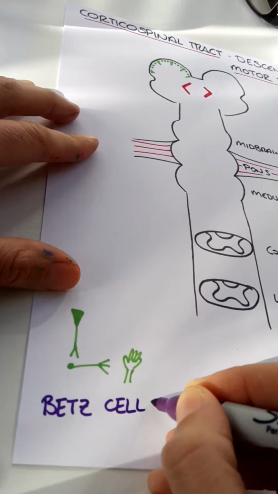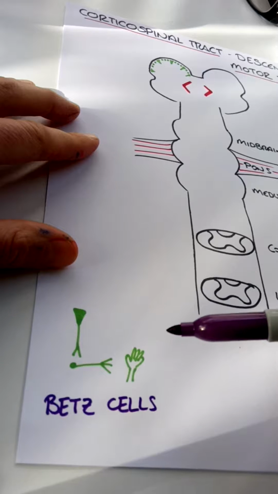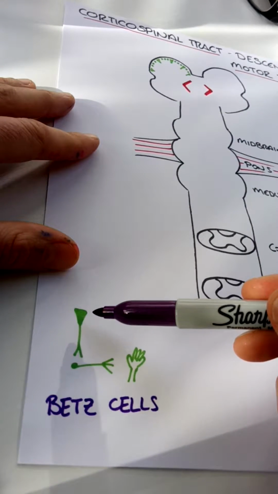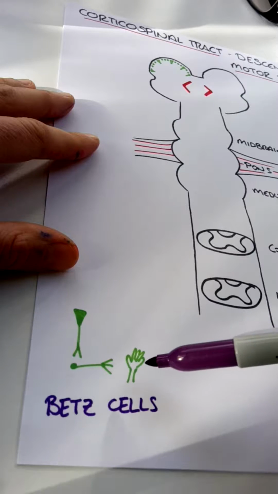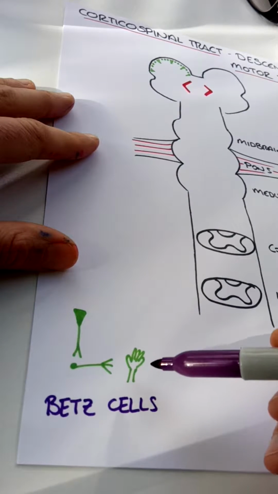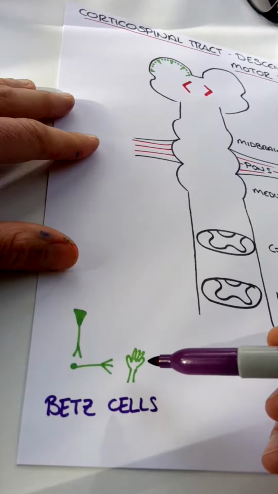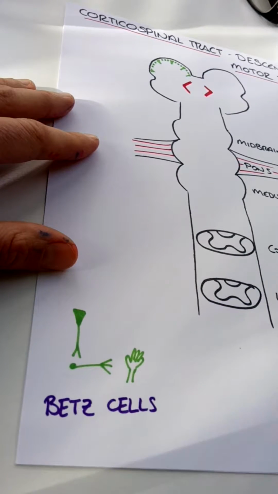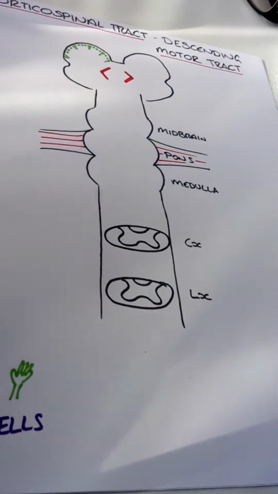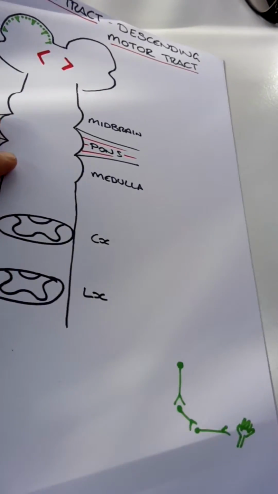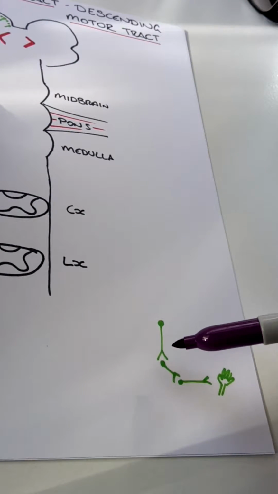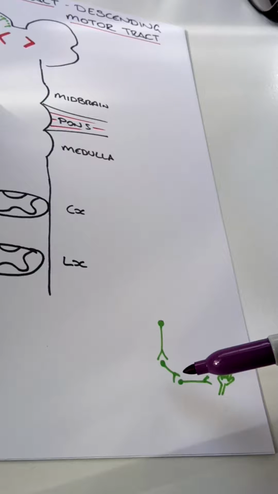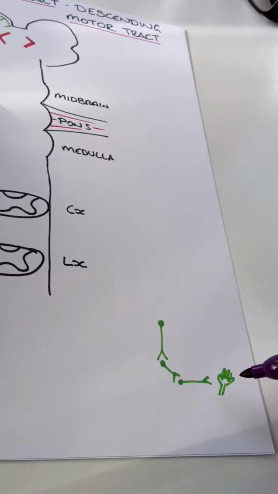The thing with these is they're a bit quicker, they're more direct, because as you can see, it links directly to another motor neuron, which then goes to the skeletal muscle and you get a movement. With a normal motor neuron, there's a couple of steps in the way: this is your motor neuron, and then it goes via an interneuron, then the next motor neuron, then the movement.